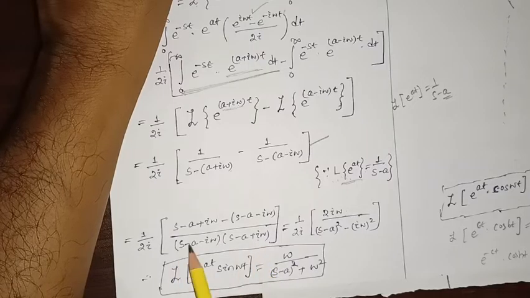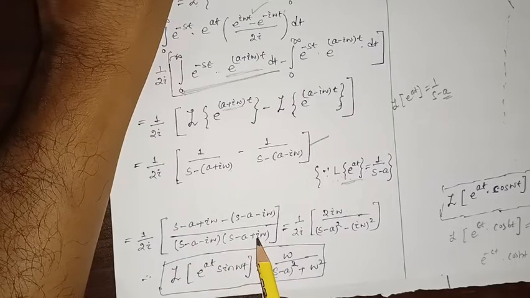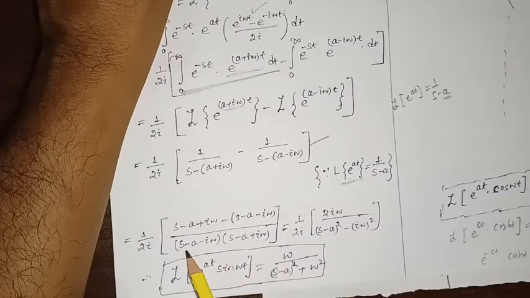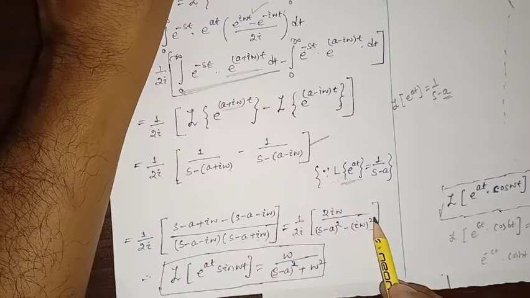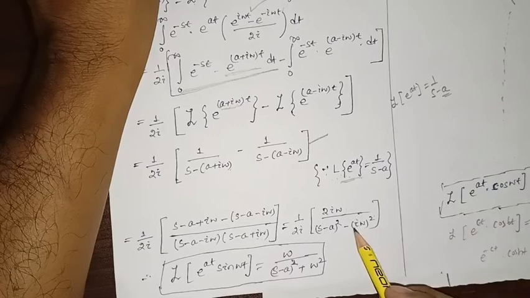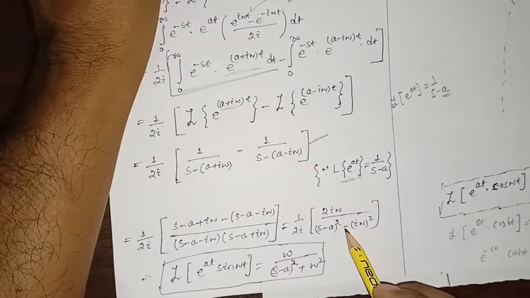So here you can see s minus a plus I omega, s minus a minus I omega, and this is in the a minus b, a plus b format. So this will be (s minus a) whole square minus (I omega) whole square. So this will be plus omega square.